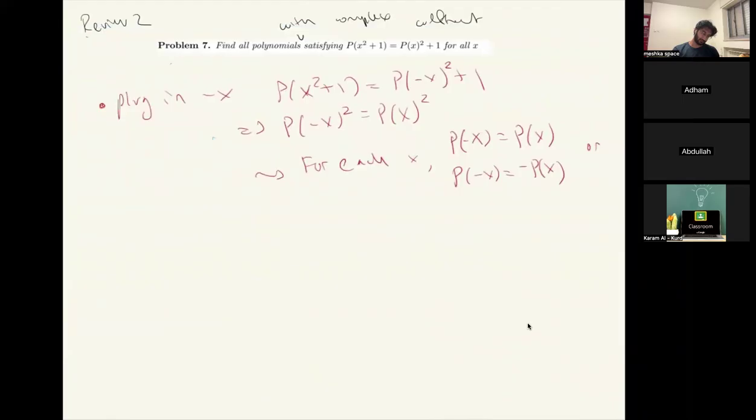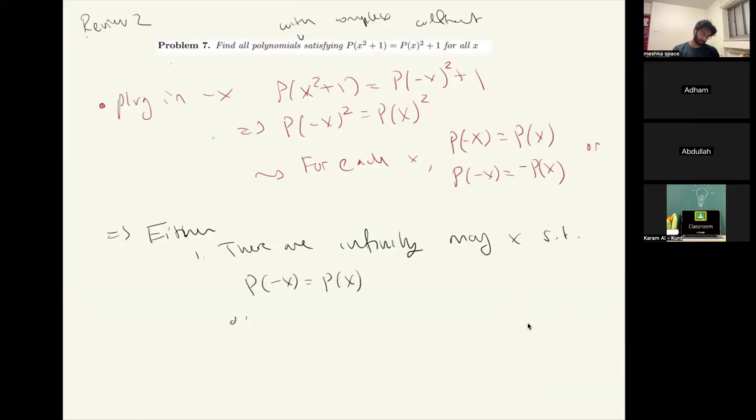And from this last step, it means either, one, there are infinitely many x such that p of negative x equals p of x, or two, there are infinitely many x such that p of negative x equals negative p of x.